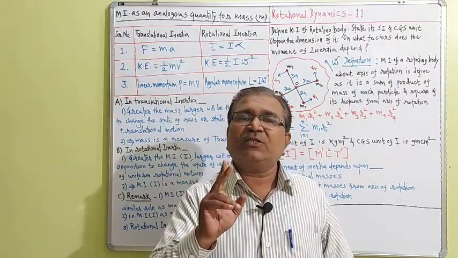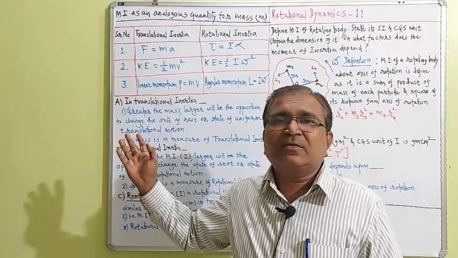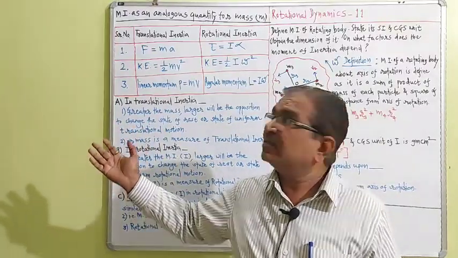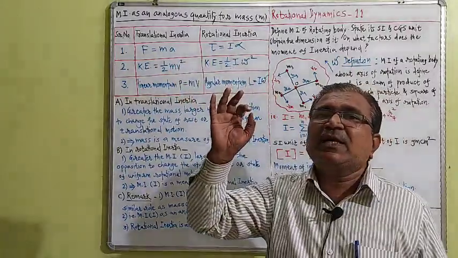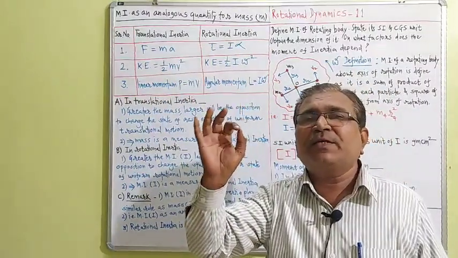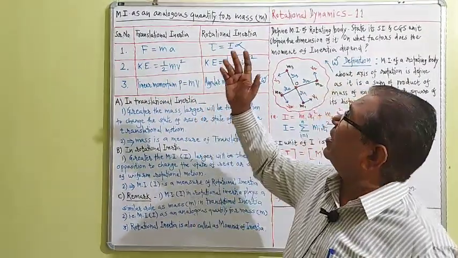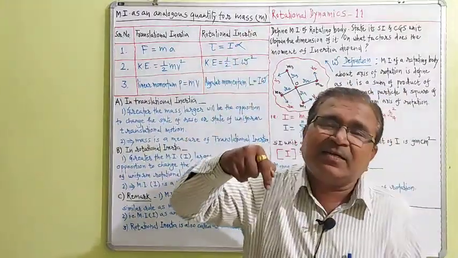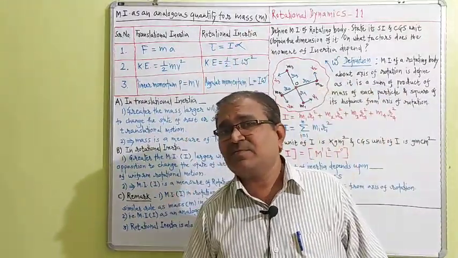And the third question, explain how moment of inertia is an analogous quantity for mass in translational inertia.